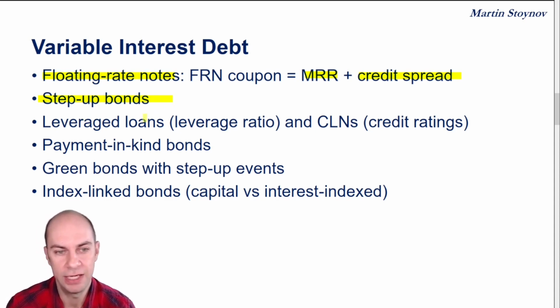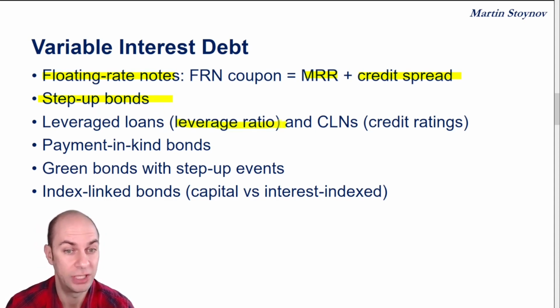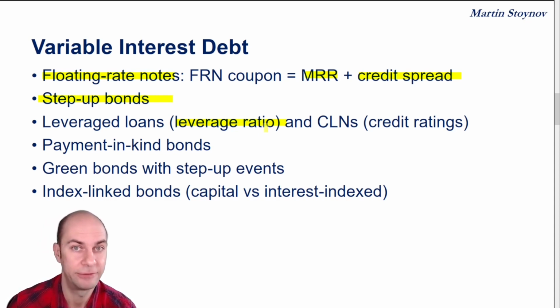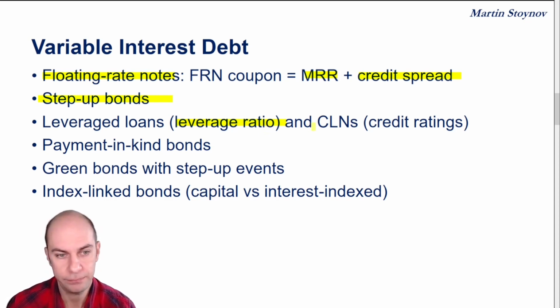Now, the next example is the leverage loan. So here, the coupon may increase as a function of some metric. I've given you an example here, for example, the leverage ratio. If we increase our leverage ratio, then we will have to pay a larger coupon. Another type of bond is the CLN. That stands for credit linked note.